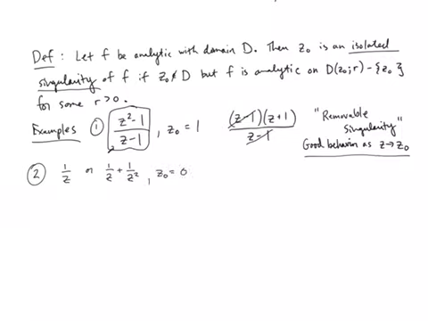So in this case, as z goes to z0, your f of z in absolute value goes to infinity. Your function's blowing up as you go to z0, in the sense of the absolute value exploding to infinity.